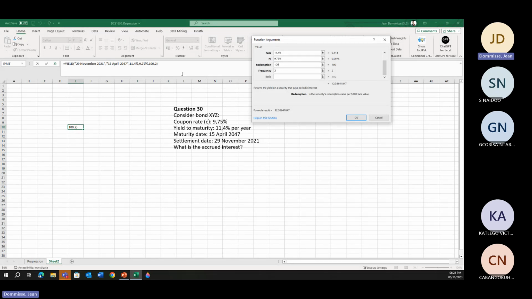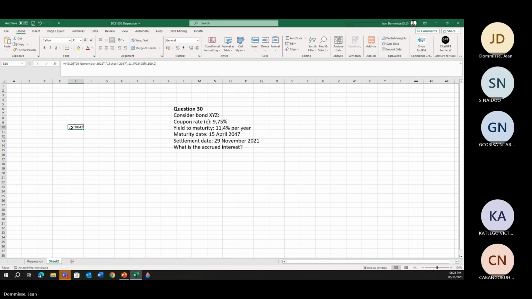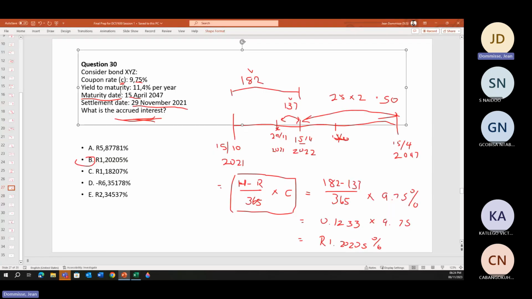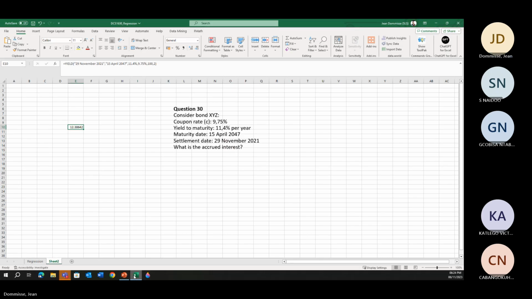But now, obviously, if your question is something like this, where we need to work out accrued interest, then I really don't know how to go back or only work that portion out.